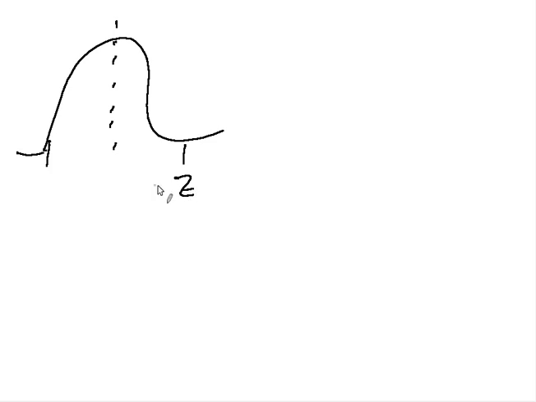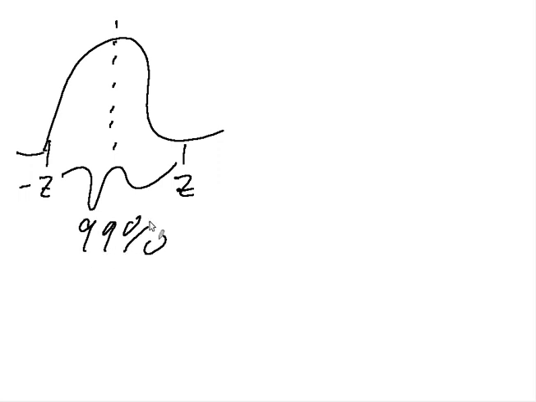First of all, let's note that if I have a normal variable, and I'm interested in the condition that it falls within z standard deviations of its mean with probability 99%, then by symmetry, the remaining 1% of the time is equally divided between falling above z standard deviations above the mean and below z standard deviations below the mean.